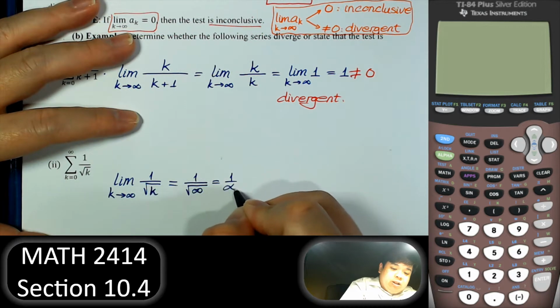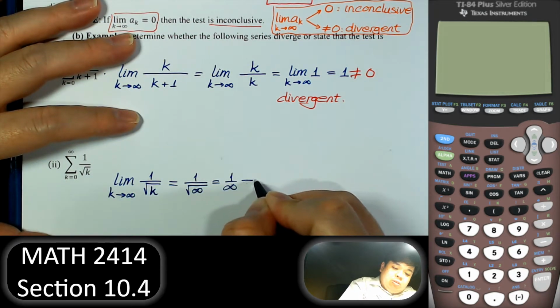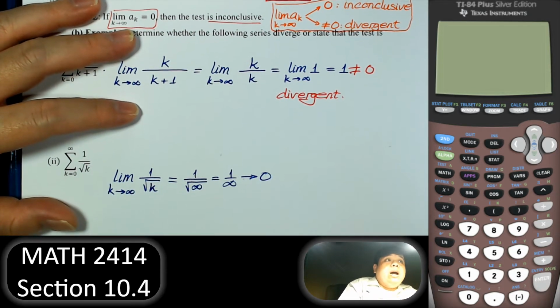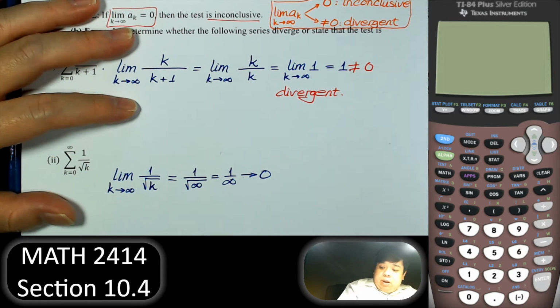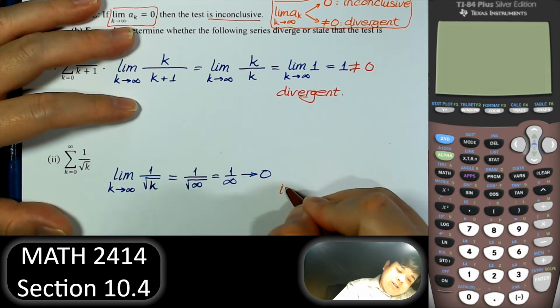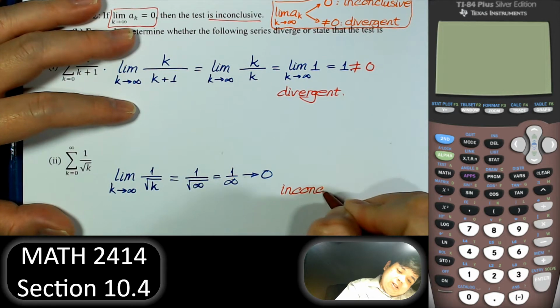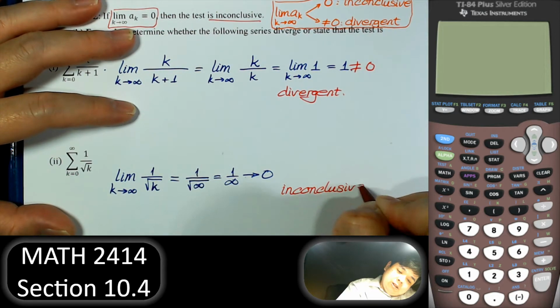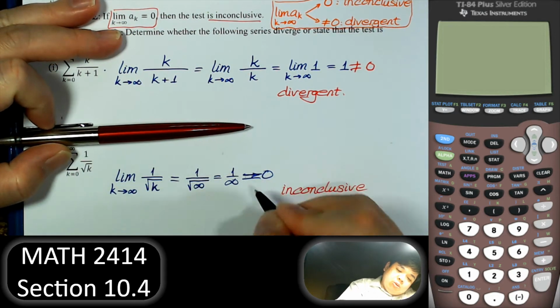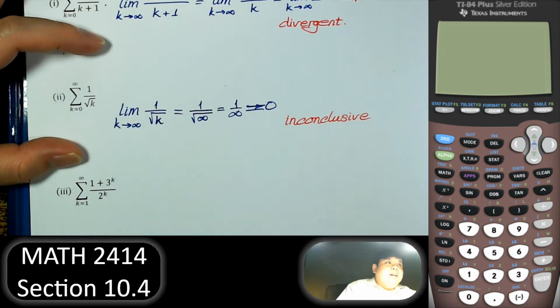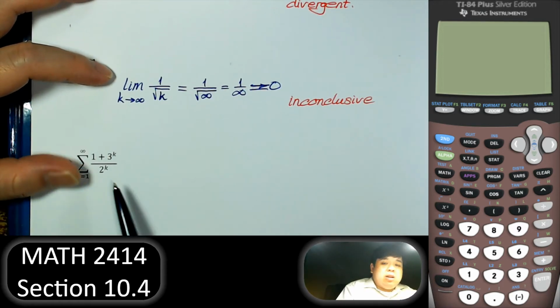Finite over infinity is 0. Now, if that goes to 0, that is inconclusive. Just say equal to 0. Inconclusive.